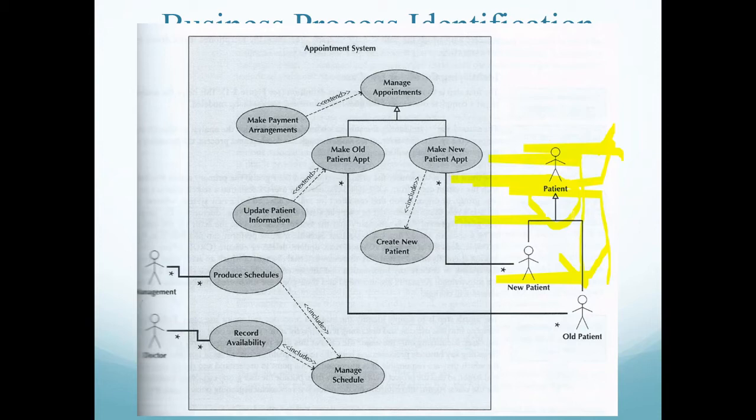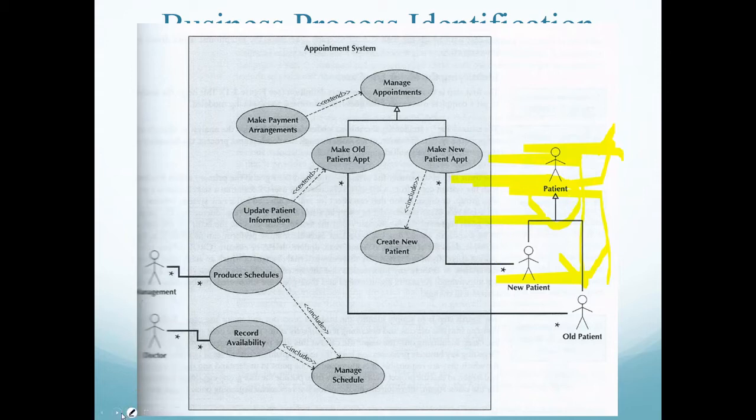Patient covers a broader concept, and new patient and old patient cover a narrower concept. If we go from patient to new patient, we narrow down the concept. It is called specialization relationship. But if we consider old patient and new patient together as patient, the patient actor, then it is a generalization relationship. Actually, specialization and generalization relationships exist at the same time.